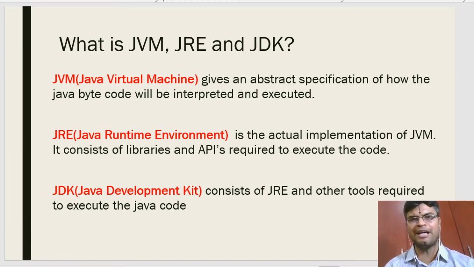Once you install the JDK, then you can set the path in the environment variables and you can start executing the program in your command prompt. Right? Normally people do not execute their programs nowadays on command prompt. You will normally use an IDE which is much easier and faster for execution. Right? So this is what a JVM, JRE and JDK means. We'll move on to the next one, guys.